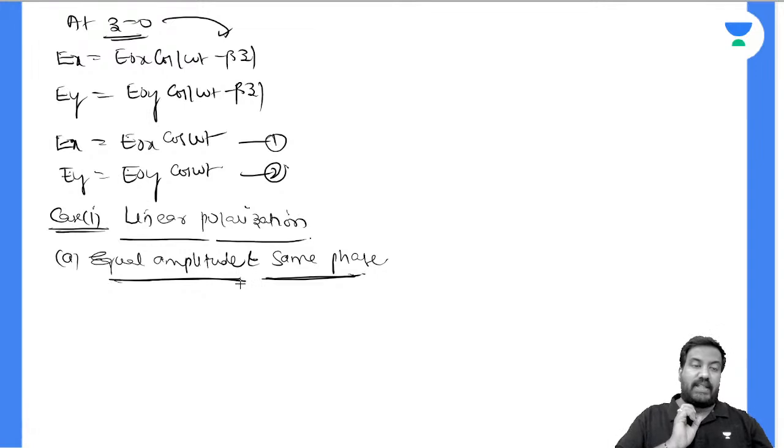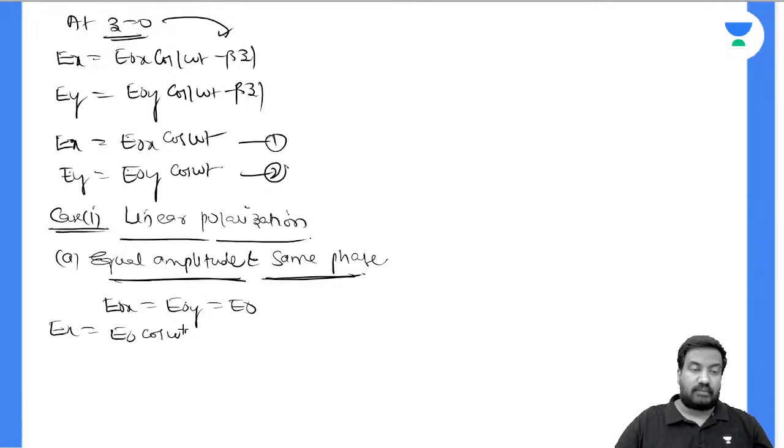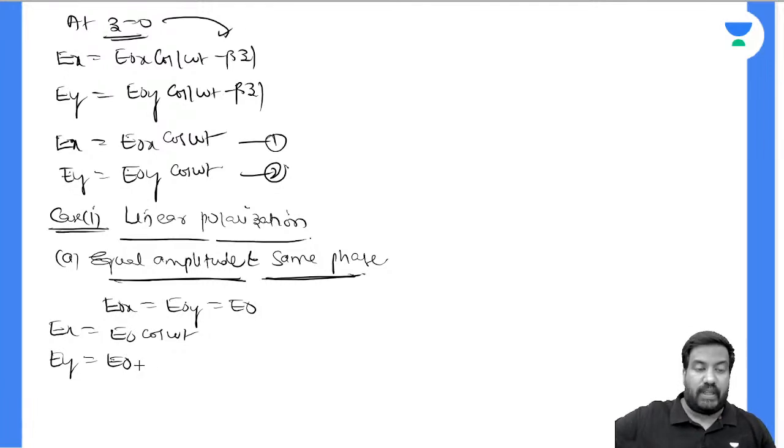We are evaluating at z is equal to 0, and we got equal amplitude and same phase. This equal amplitude, E naught x is equal to E naught y is equal to E naught. Ex is E naught cos omega t. Ey is E naught cos omega t.